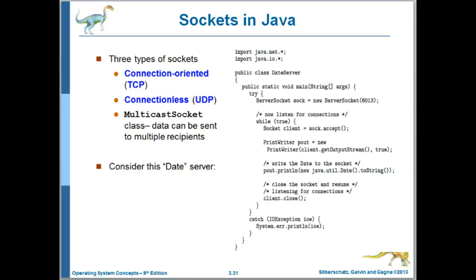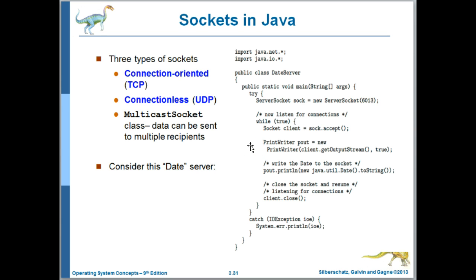Java has a fairly clean socket API built on top of other I/O APIs. So in this server example, we see this server attempting to open a server socket, a listen connection on port 6013. If that's successful, it goes into a server loop here where it waits on an incoming connection.